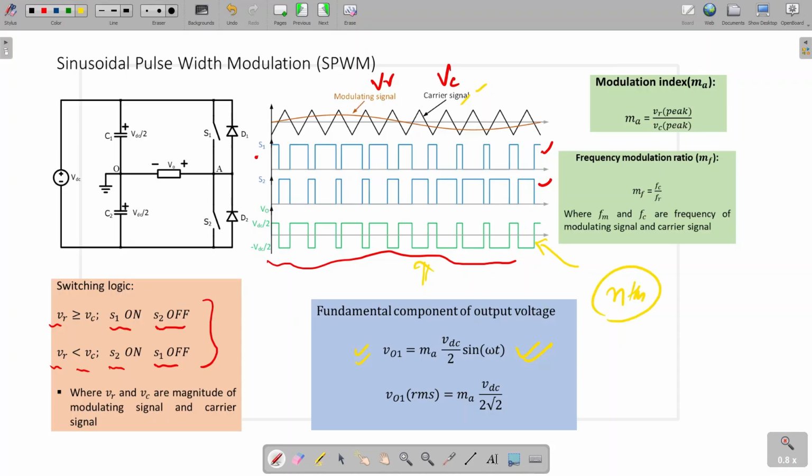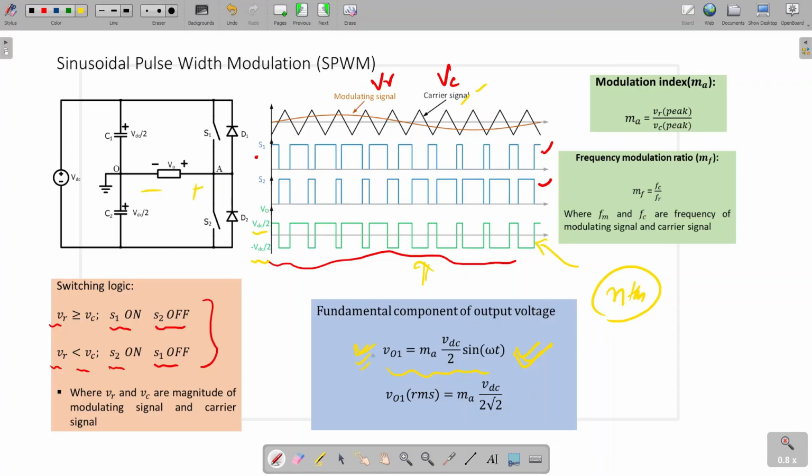That is not possible to derive. So they use some approximate formula, and using it they derive this fundamental value. The fundamental output voltage across the load will be MA into VDC by 2 sin omega t. So here the maximum is VDC by 2 and the minimum is minus VDC by 2.